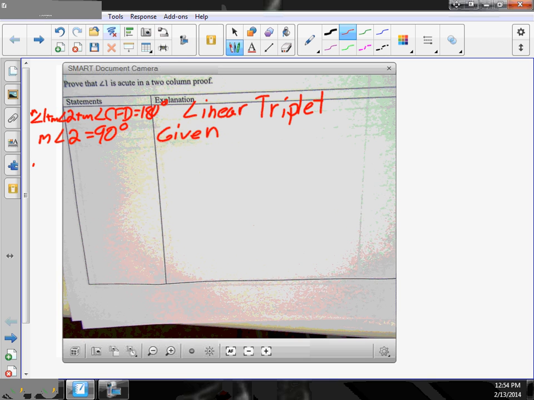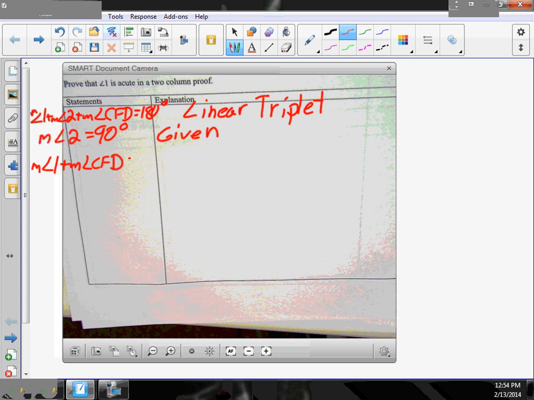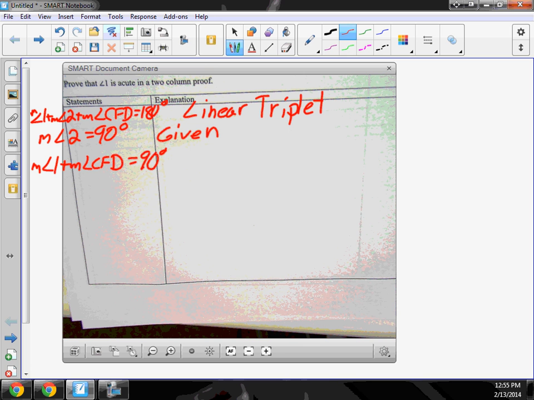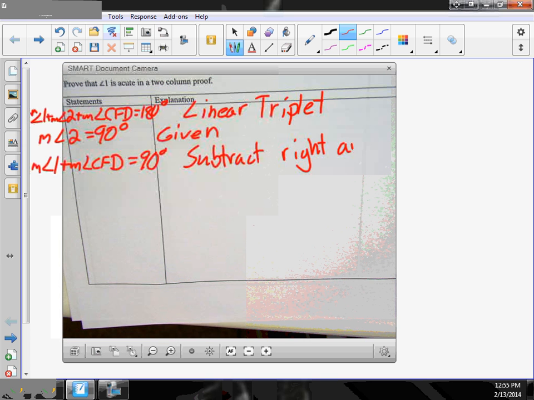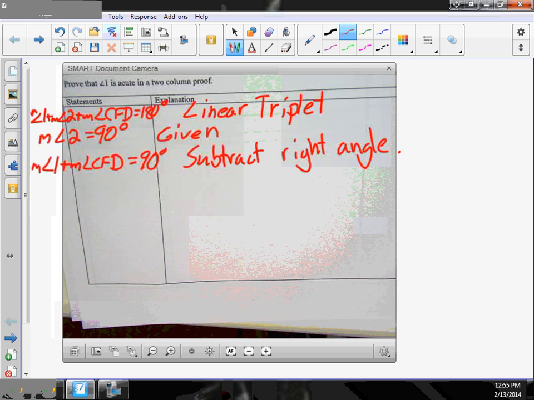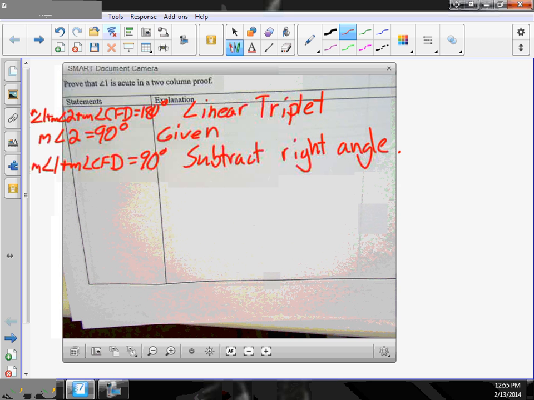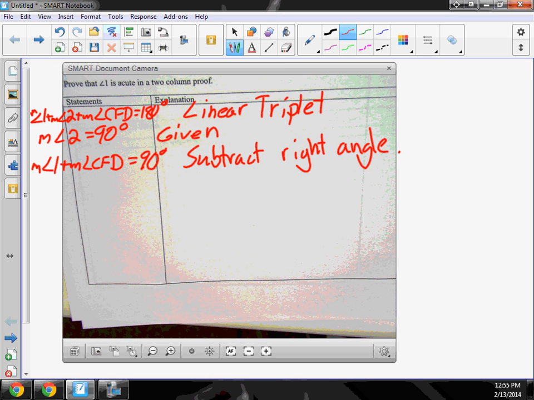So the measure of angle 1 plus the measure of angle CFD equals 90 degrees, which means, or wait, how do we know that? I would just say subtract the right angle. And because this statement is true, what other statement is true?